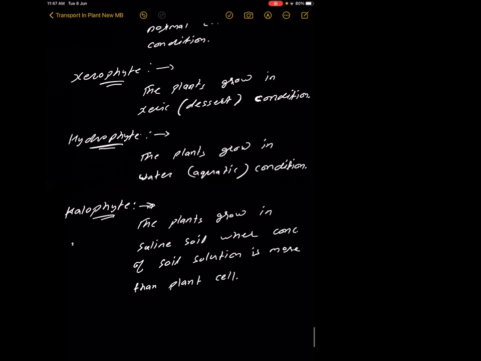Sir, do mangroves come in this, for example in Sundarban? Yes, mangroves. Very good. You have the idea. So these are halophytes, mangroves. And the example of mangrove is euphorbia.